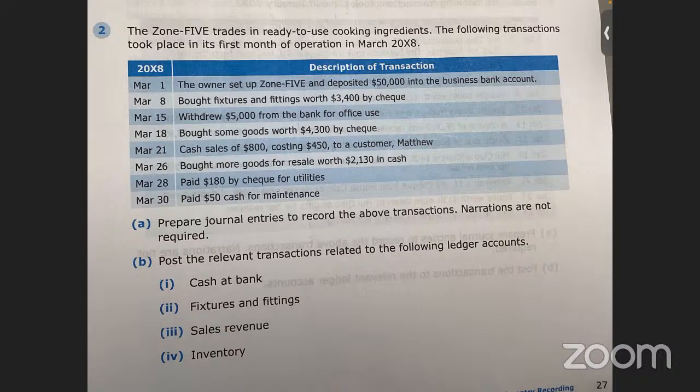What do you mean by debit note and credit note? It's like a debit note is a note for the credit customer, like they need to pay more.